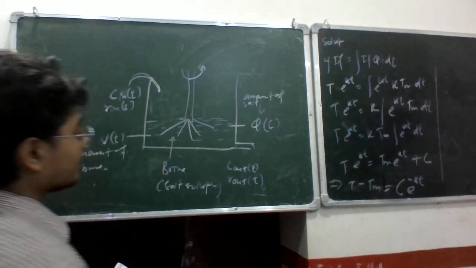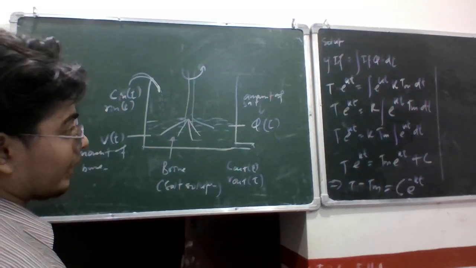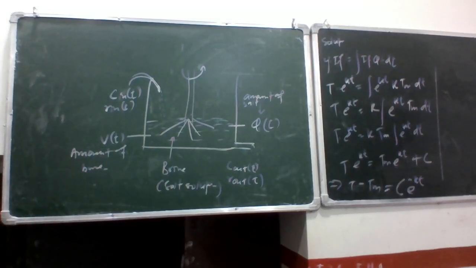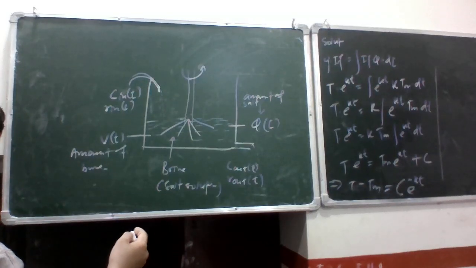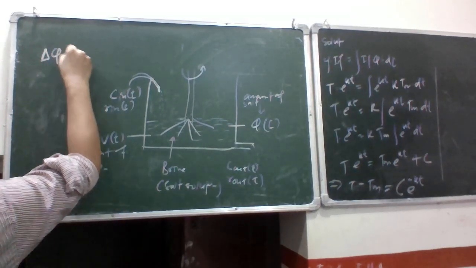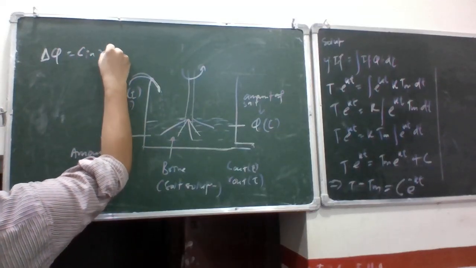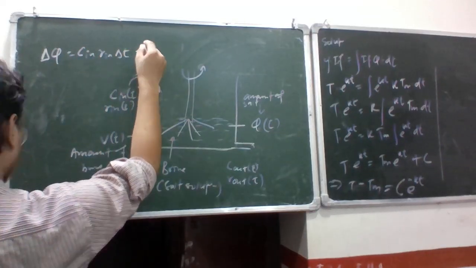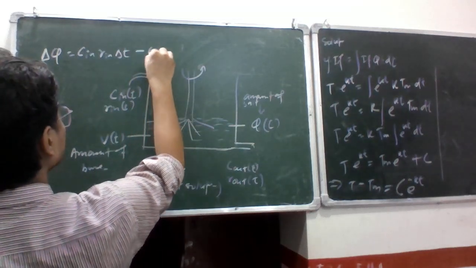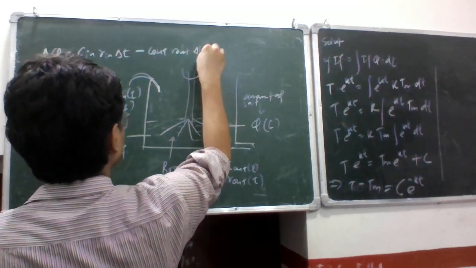Then the change in the amount of salt over a particular interval of time is given by C in R in delta t minus C out R out delta t.